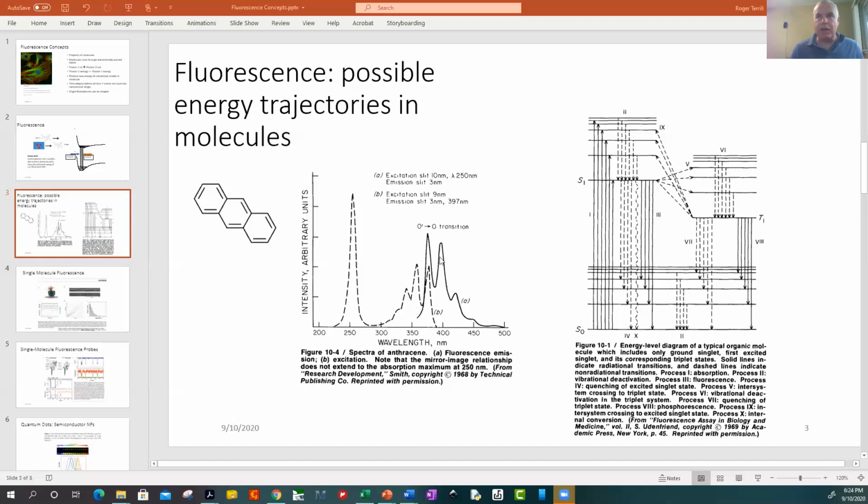So we know that if we excite at 400, we're only going to get emission at wavelengths on the red, longer wavelength side of 400, right? Therefore, for these emissions, we're talking about 250 nanometer excitation. Does that make sense?